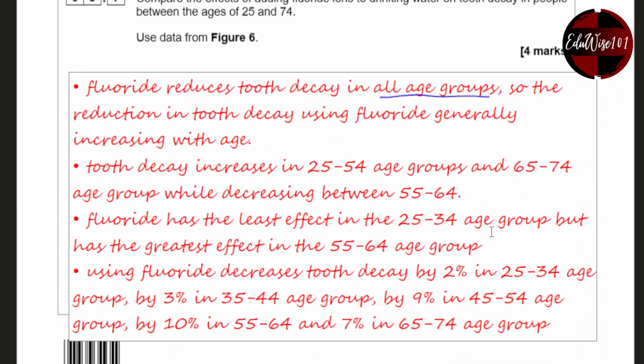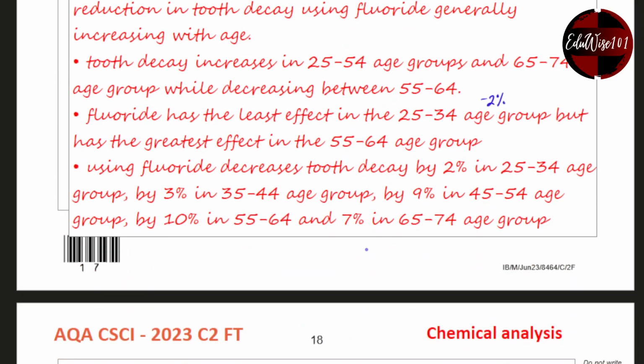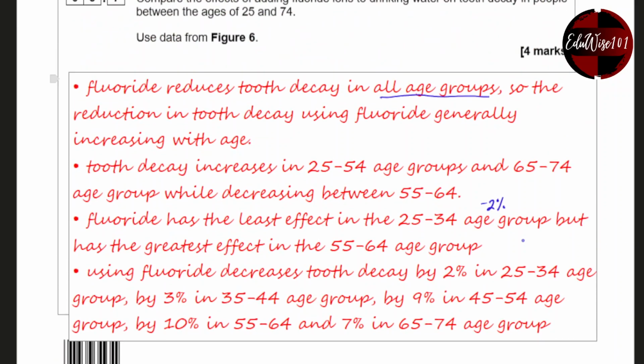Next point, fluoride has the least effect in the 25 to 34 age group. Remember, it was only 2% decrease. Right? But the greatest effect was in 55 to 64 age group, which was minus 10%. Right? Minus 10%.